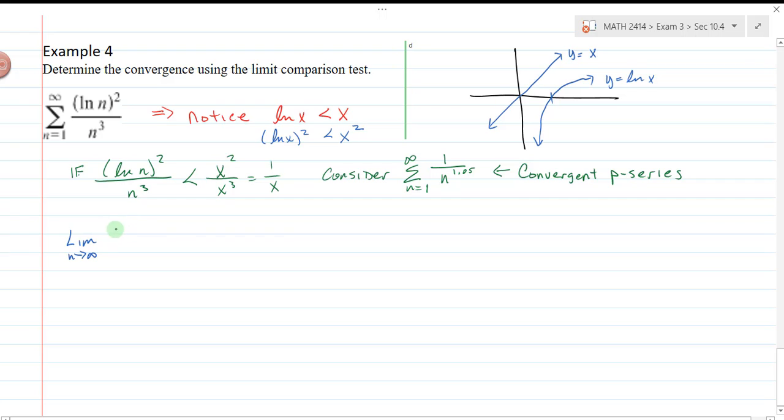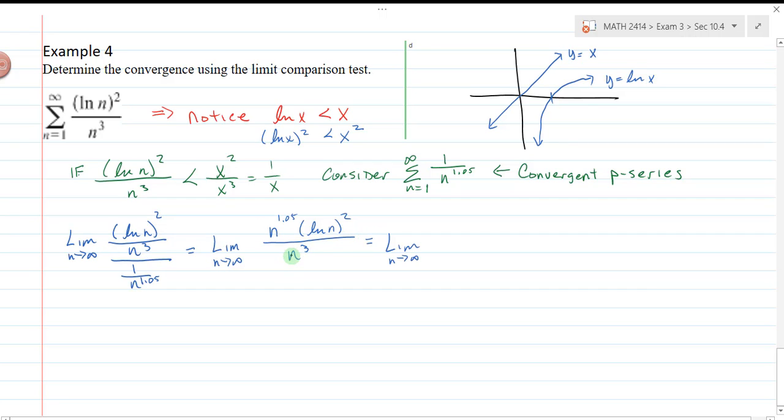So we're going to look at the limit as n approaches infinity of the natural log of n squared divided by n cubed, divided by 1 over n raised to the 1.05 power. And we can write that as the limit as n approaches infinity of n raised to the 1.05 times the natural log of n squared over n cubed.